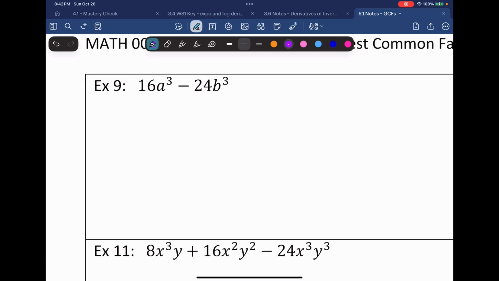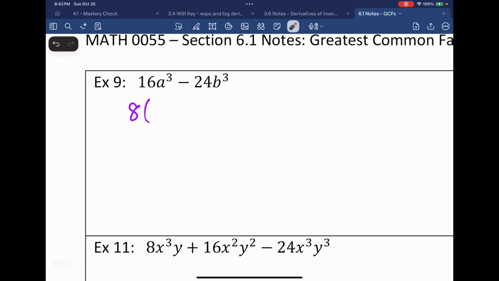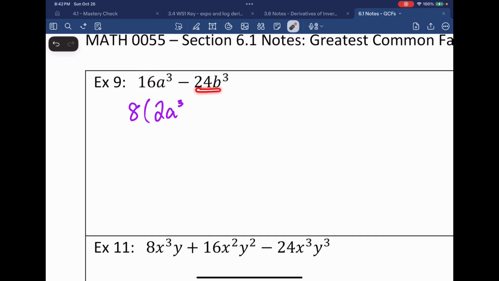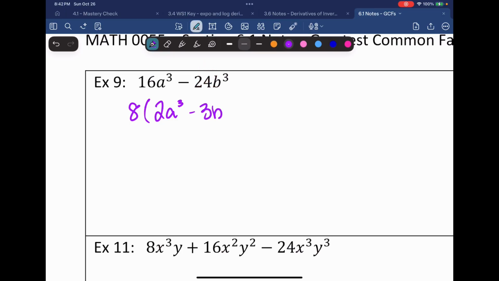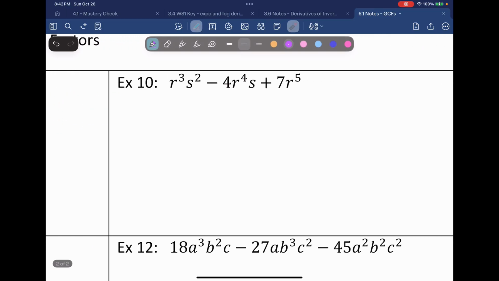Okay, let's take example 9. The GCF of 16 and 24 is 8. And then I have a cubed and b cubed, so no common variables. So again, we imagine dividing. 8 goes into 16 twice. 8 goes into 24 3 times. Okay, got a bunch of r's.